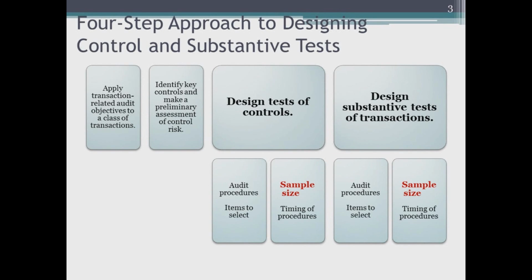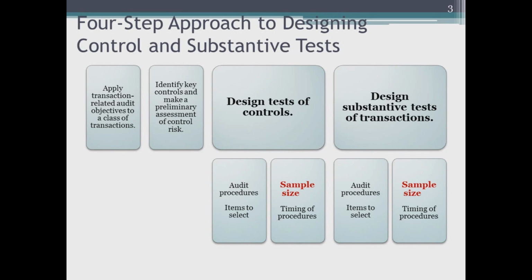So if we determine that controls are effective, we've tested those controls, and we're satisfied that controls are working as intended, and we're satisfied that our initial control risk assessment was correct, then we could reduce the substantive test of transactions. So the more effective our internal controls and the results from our test of controls, the less substantive testing we would do.